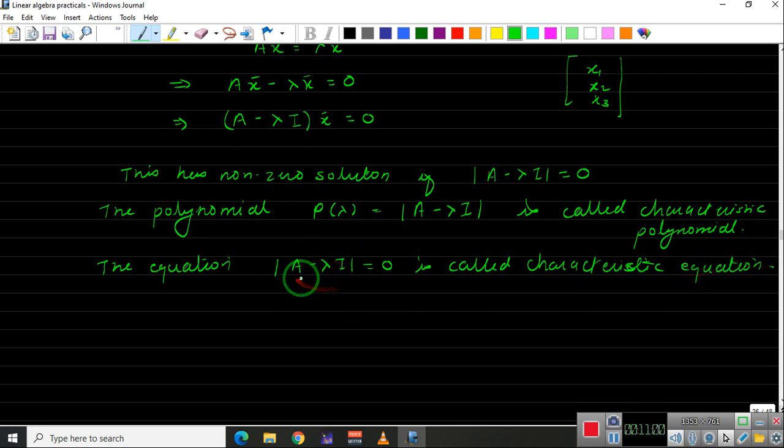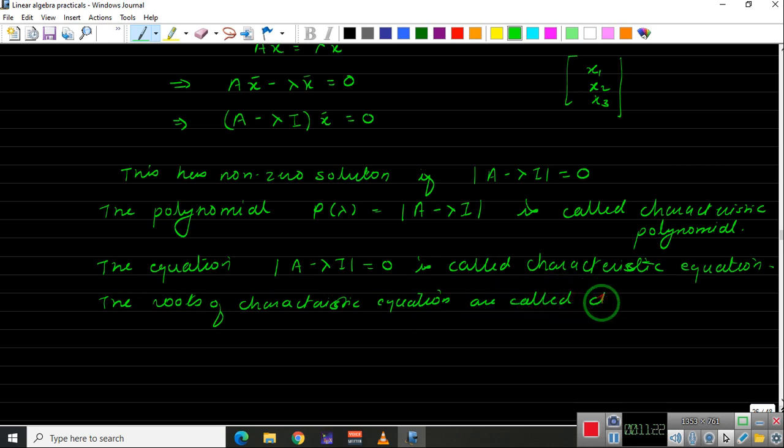And the roots of this characteristic equation are called characteristic roots, or eigenvalues.